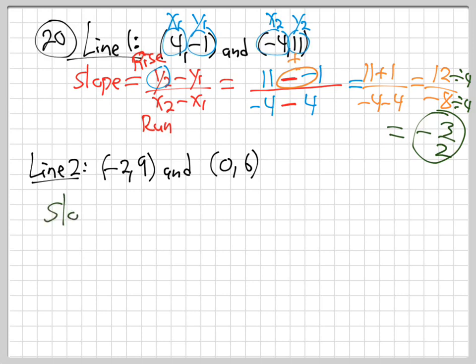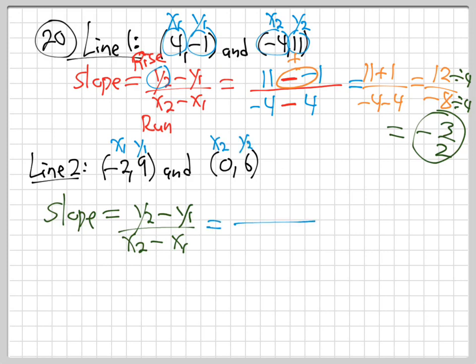And then the second one, what's the slope on the second one? Same thing, y2 minus y1 over x2 minus x1. We're doing it again. So this is x1, y1, x2, y2.